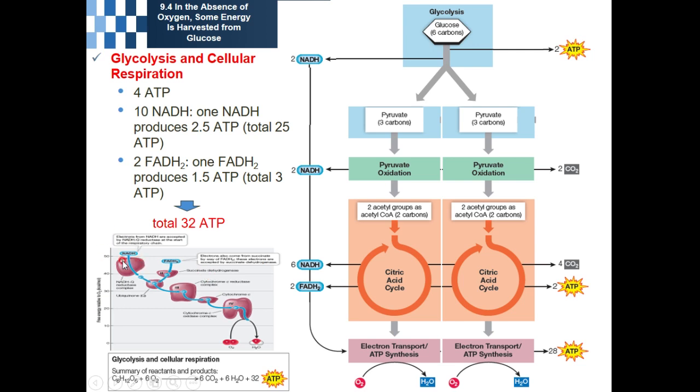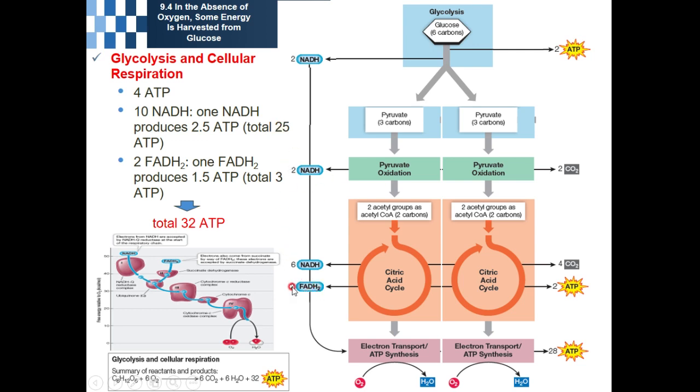Previously we learned that NADH has higher free energy compared to O2. So usually one NADH produces 2.5 ATP. Because we synthesized 10 NADH, they will make a total of 25 ATP.